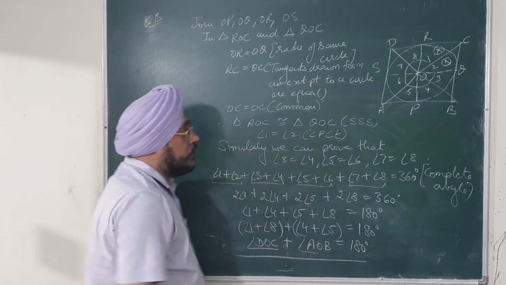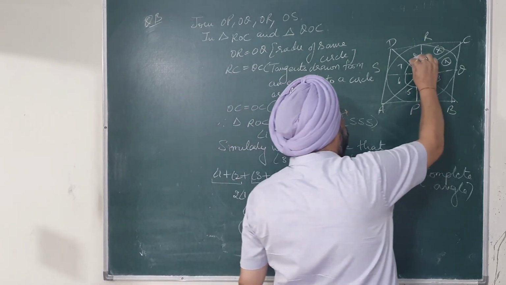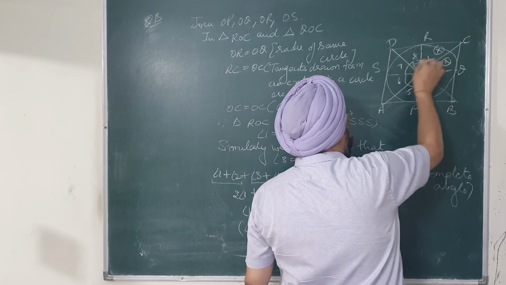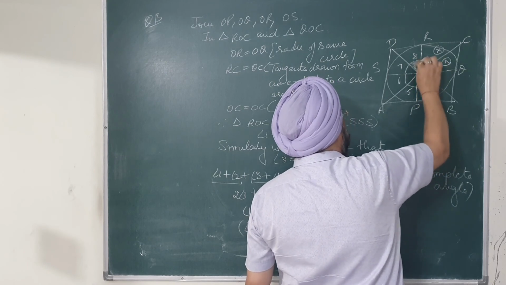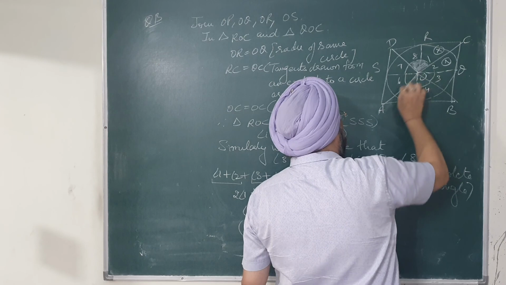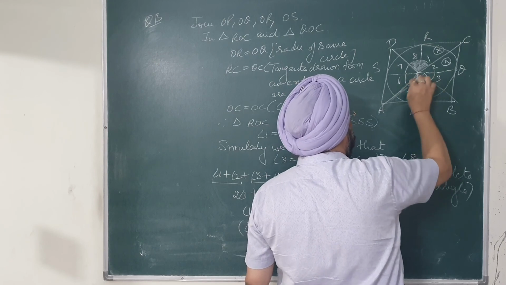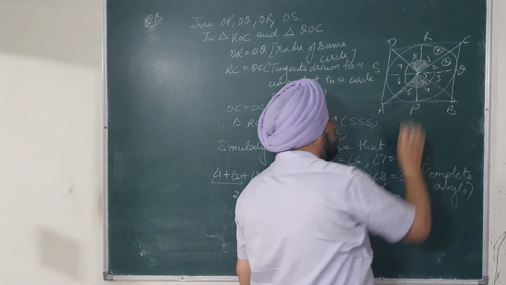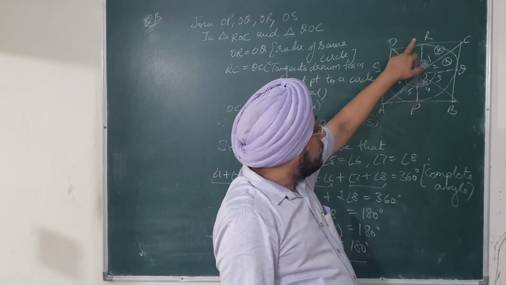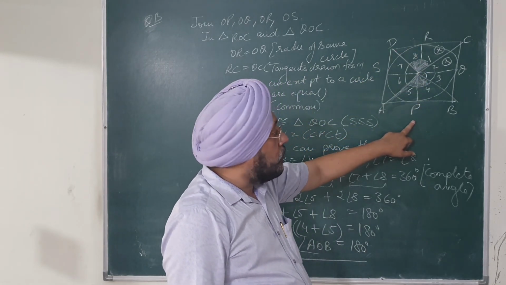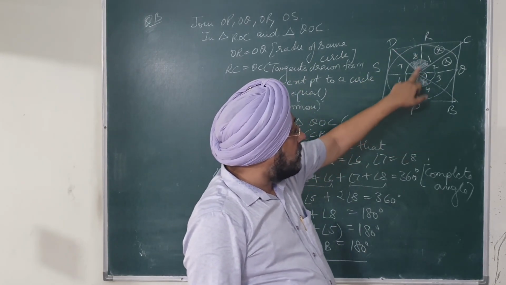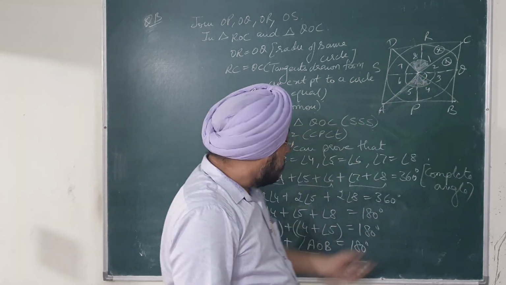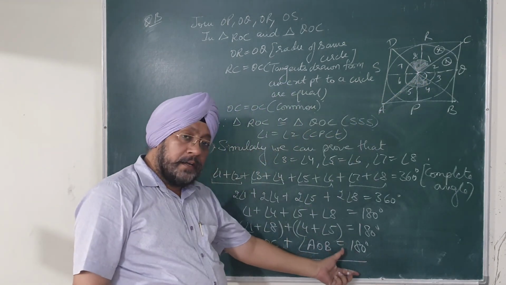So the question is, we have proved that the sum of the angles formed by the opposite sides of a quadrilateral is always supplementary, means the sum of these two angles must be equal to 180 degree.